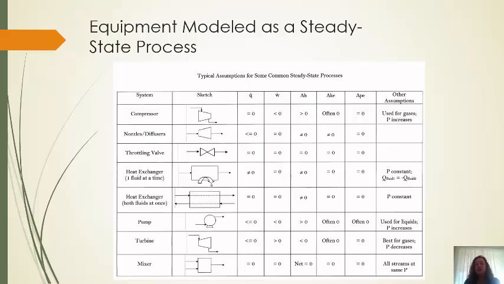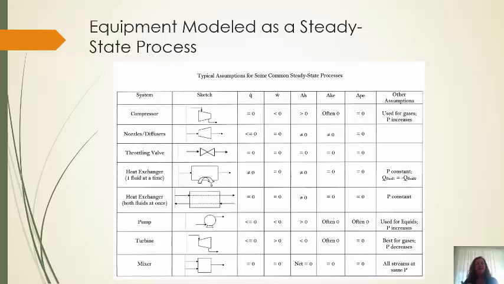Nozzles and diffusers are systems where I can either narrow the area or open up the area for the flow. Typically, I'm going to have Q as more or less 0, simply because these are typically very small devices, and so there's not even much chance for them to lose heat. The work is going to be 0 because there are no moving parts.